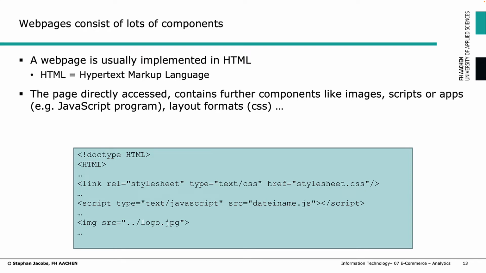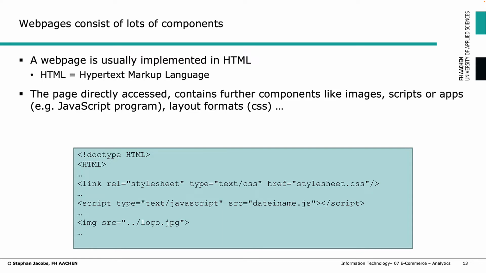To go into more detail, we have to have a closer look at how HTML pages are built up. What you can see down here is a part of a web page written in the language HTML. If you have a closer look, you see points where, for example, href equals stylesheet.css, or where we have dyname.js or logo.jpg.